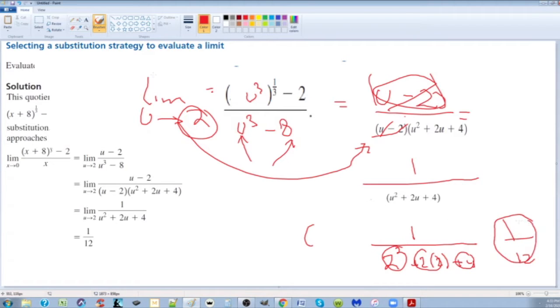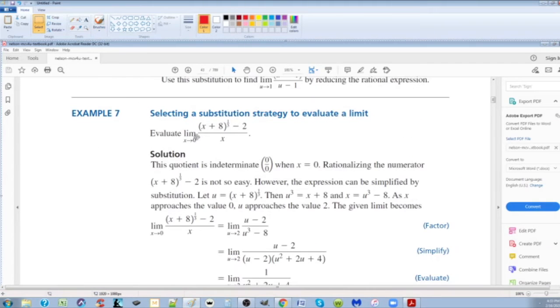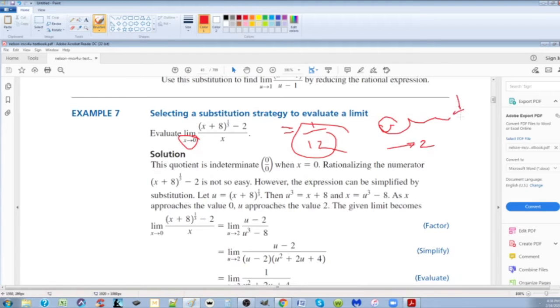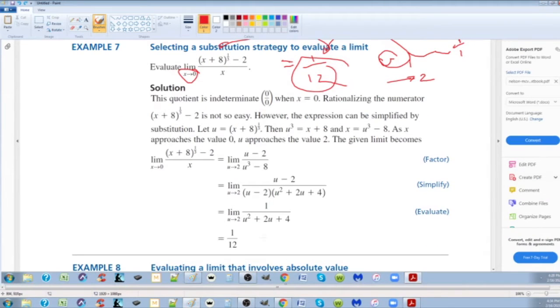Which means that for this equation that I started with, as x approaches 0, the limit is 1 over 12. And I had to solve it using a fictional u as u approaches 2, but the limit is still going to be the same limit because I still obeyed the laws of math when I substituted it. So you can see down here that the limit as x approaches 0 is 1 over 12.